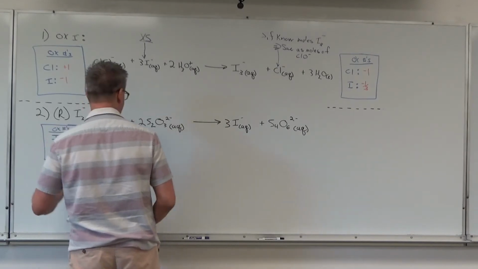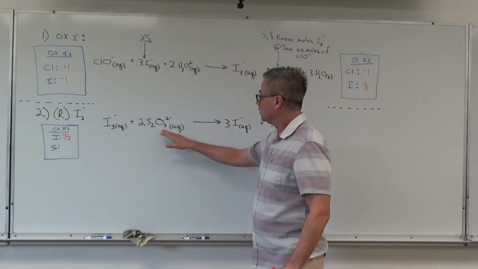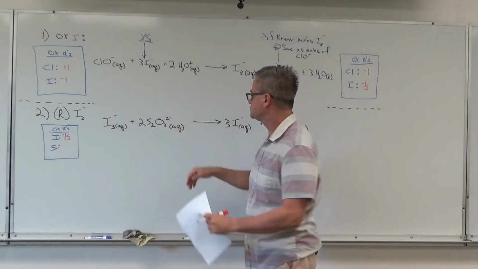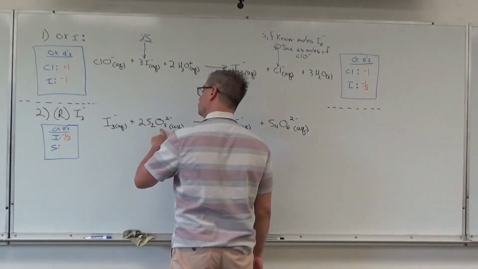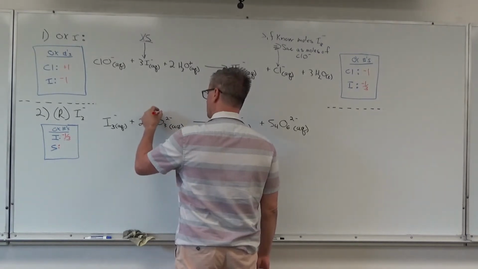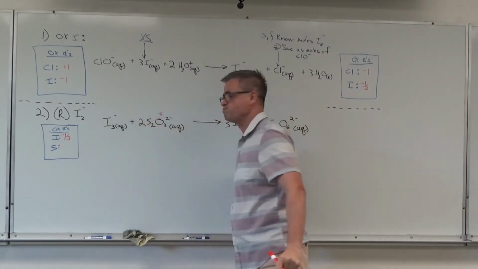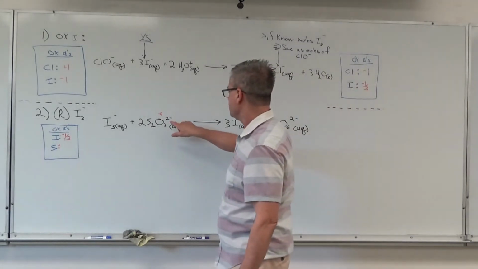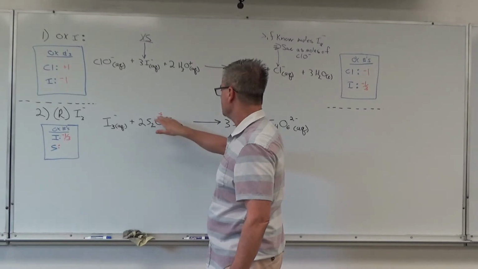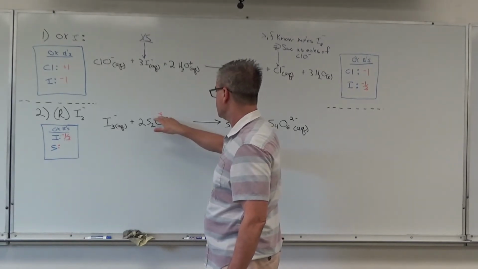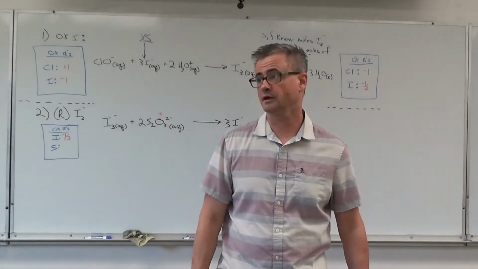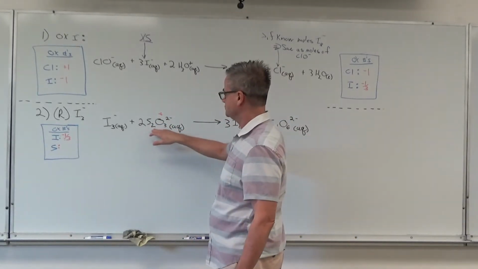Now let's figure out sodium thiosulfate. Each oxygen is -2, and there are 3 of them, so that becomes -6. The overall charge of the polyatomic ion is -2, so -4 is being canceled out by the sulfur.